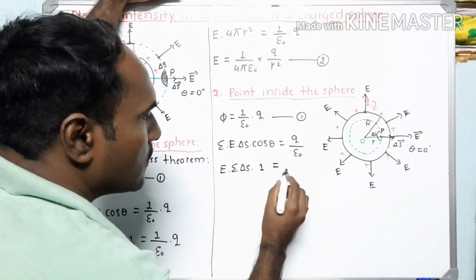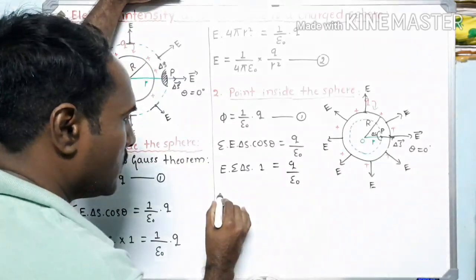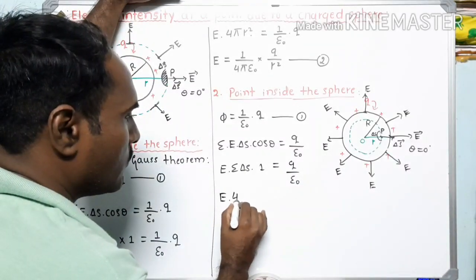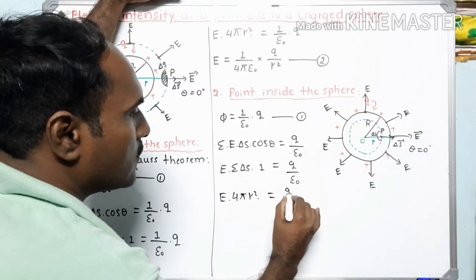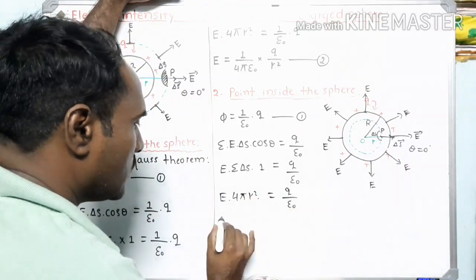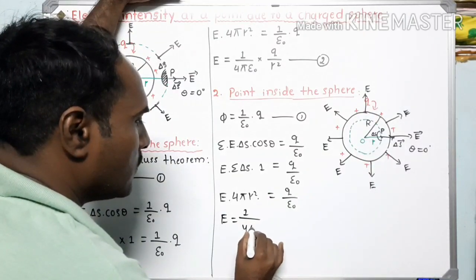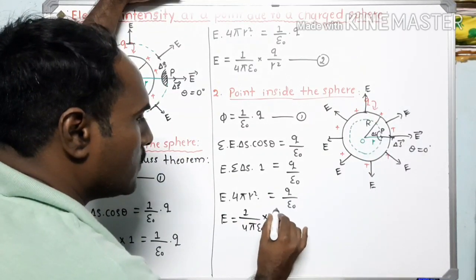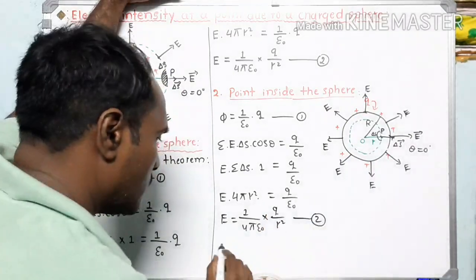That is Q upon epsilon naught. E into 4 pi r square, since summation of delta S is 4 pi r square, is equal to Q upon epsilon naught. E is equal to 1 divided by 4 pi epsilon naught into Q upon r square, called equation 2.